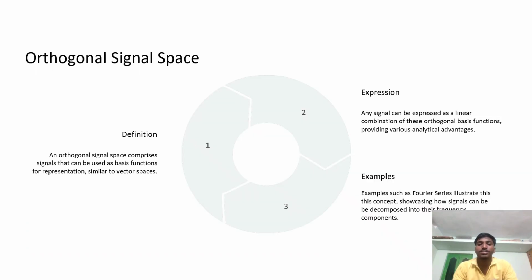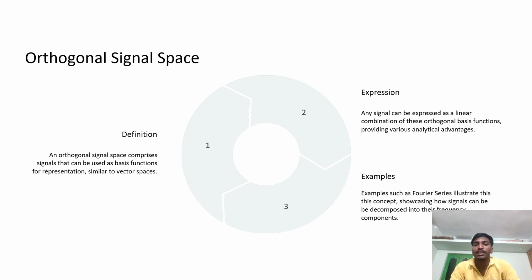Orthogonal signal spaces. First one definition, second one expression, third one examples. An orthogonal signal space comprises signals that can be used as basic foundations for representation, similar to vector space.